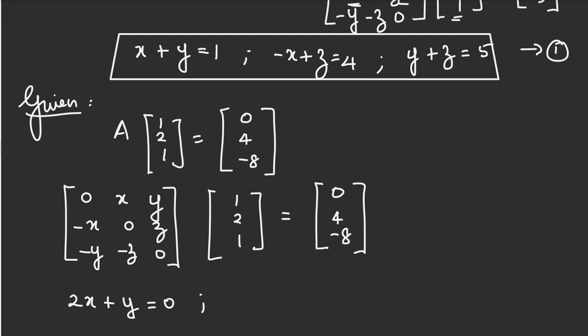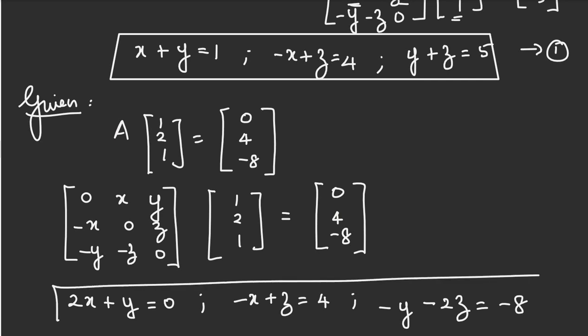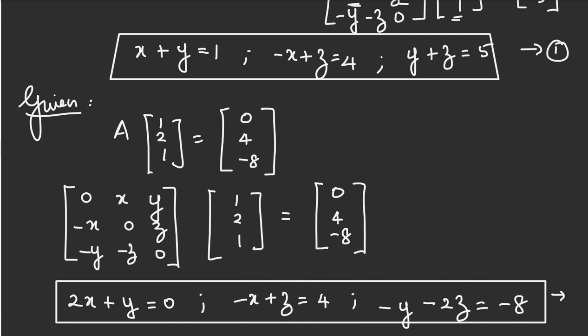The second equation will be minus x plus z is equal to 4. And the third equation can be written as minus y minus 2z is equal to minus 8, which is the second set of equations. Now solving these two sets of equations, solving equations 1 and 2, we are going to get the values for x, y and z.